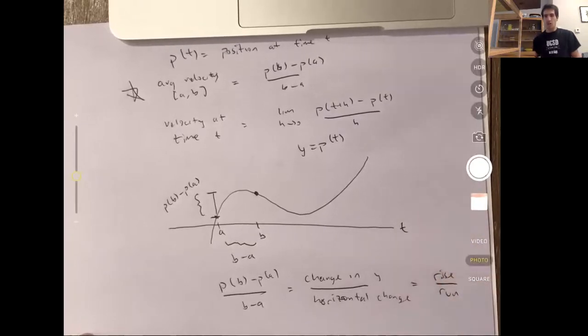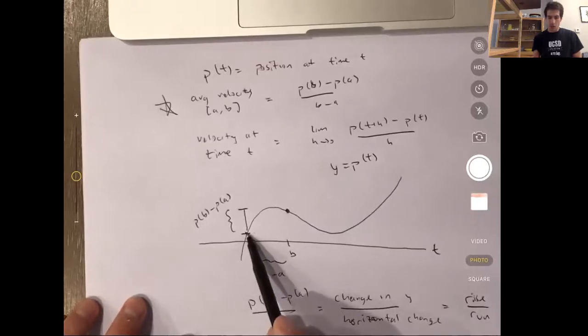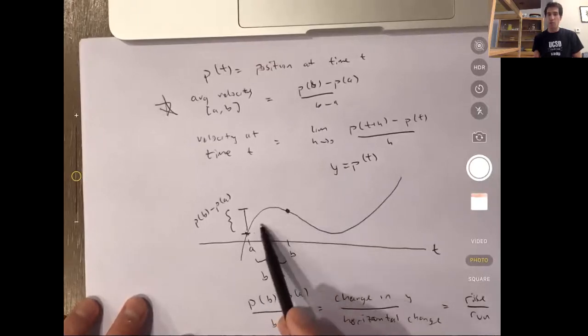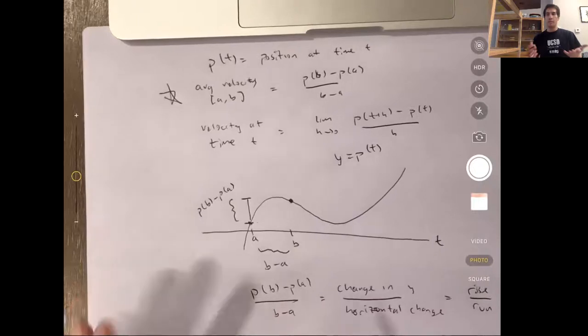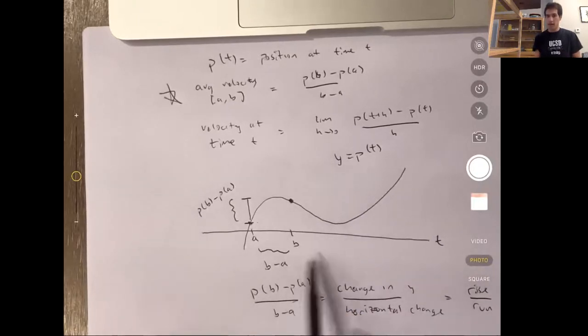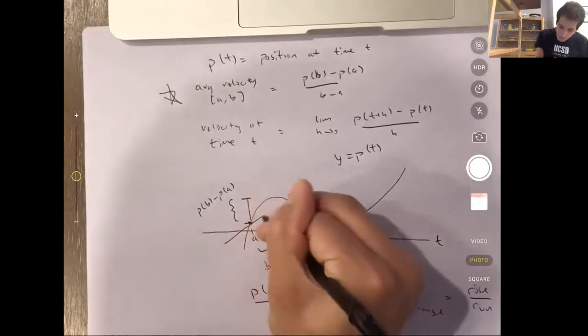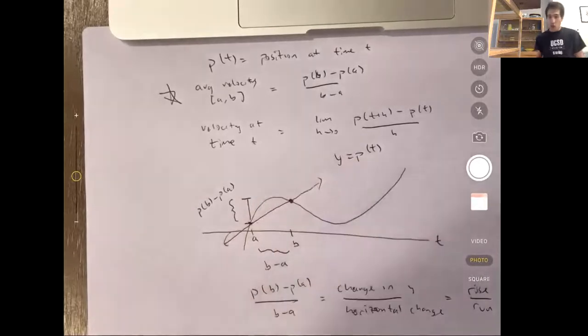So this is the slope, right? This is telling me a slope, and in particular, the slope of the line between these 2 points. That's how I figure out the slope of a line between 2 points: I take the change in y value, the rise, over the change in the x value or the t value, the run. So this is giving me the slope of this line.